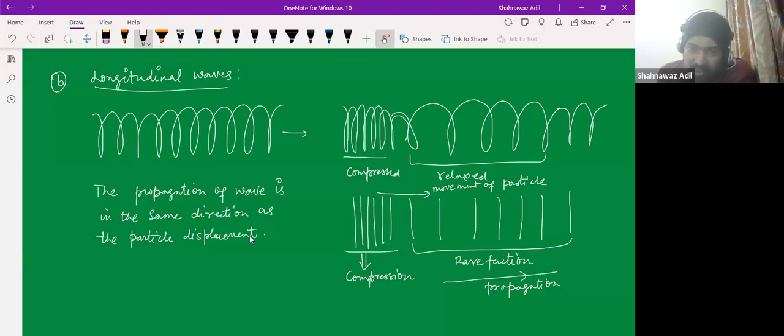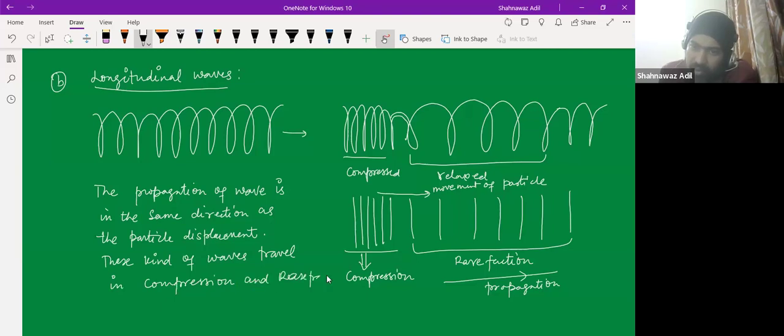And these kind of waves travel in compression and rarefaction, right? So the example of longitudinal wave is what? So example of longitudinal wave is sound.